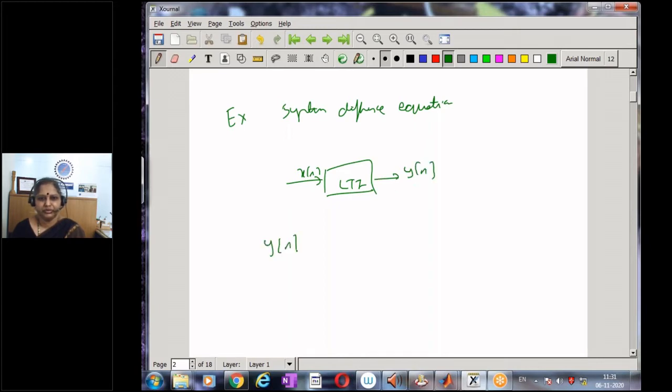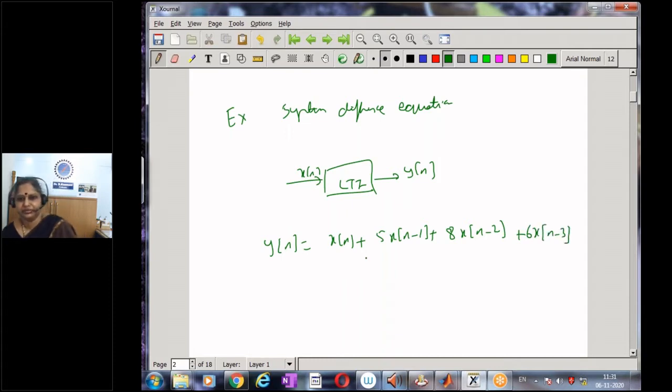Let us say output y of n is given by x of n plus 5 x of n minus 1 plus 8 x of n minus 2 plus 6 x of n minus 3. This is purely for an example.